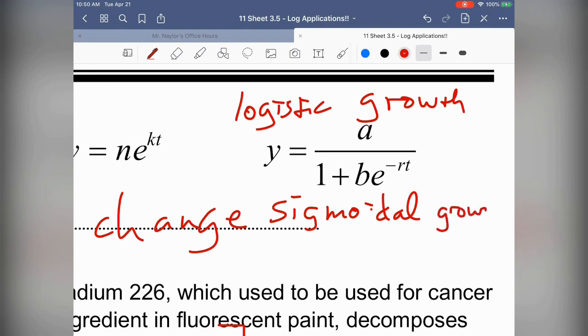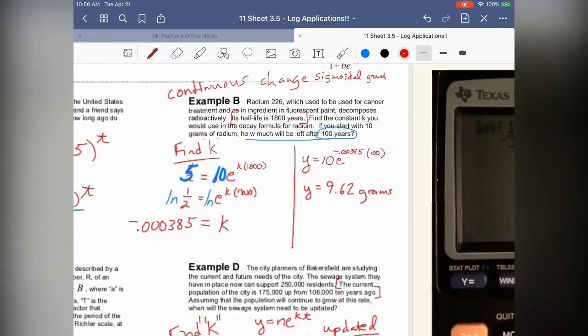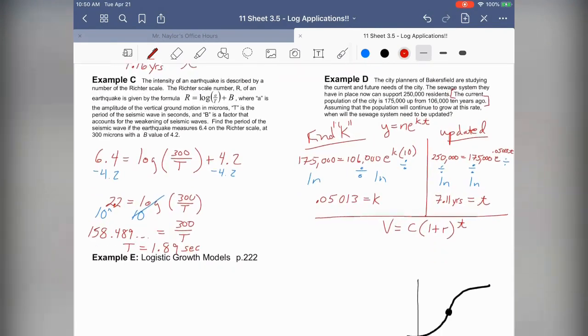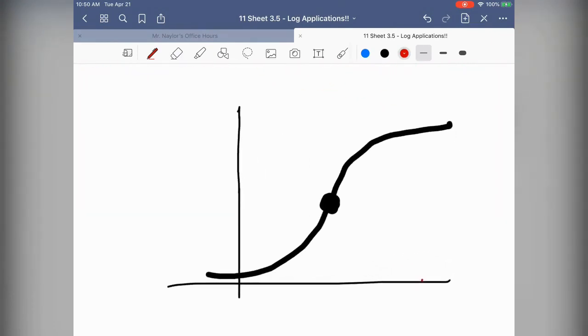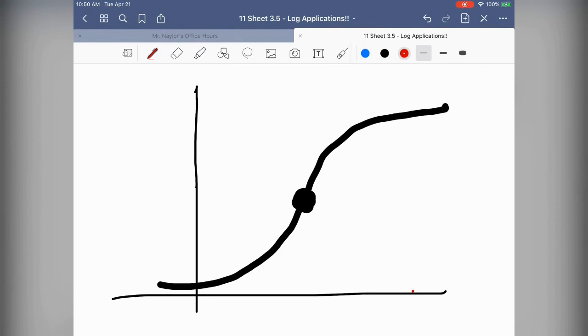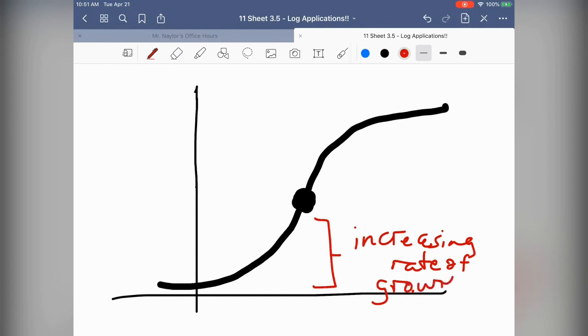But the important thing here is to understand this is a special kind of growth where we see this increase followed by a decrease, which can be shown through this very common graph. In fact, this is always what the graph looks like for logistic growth, where we have this section of time where there is this increasing rate of growth, followed by a period of time where we want to be careful how we say this, where there is this decreasing rate of growth.